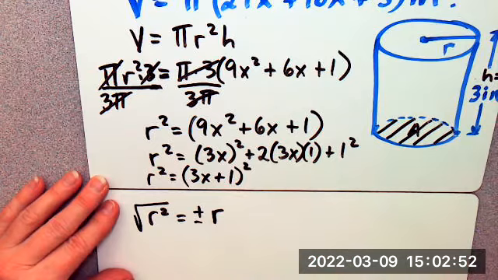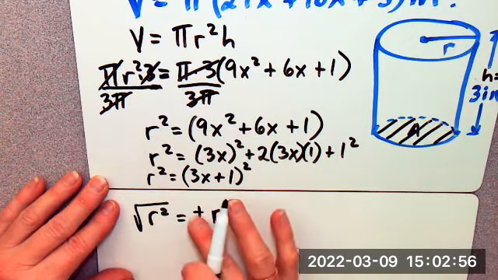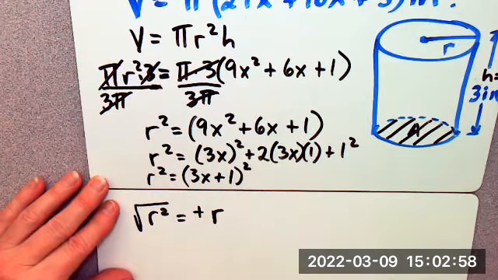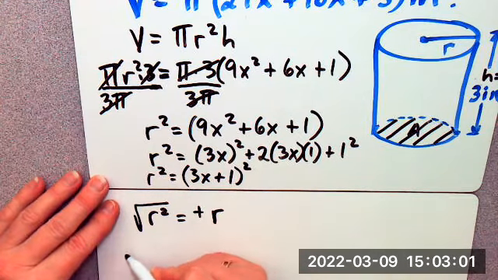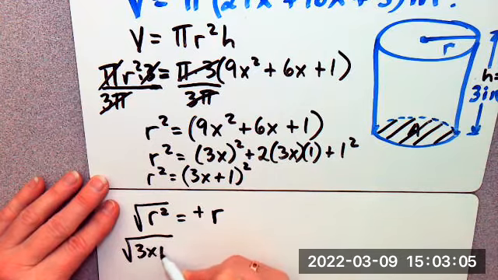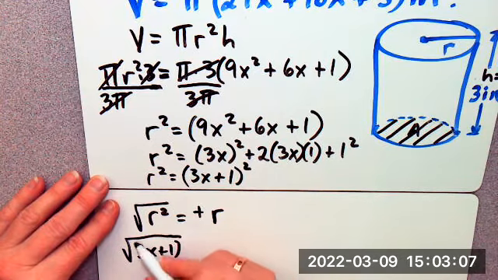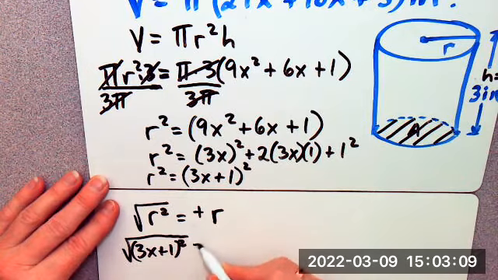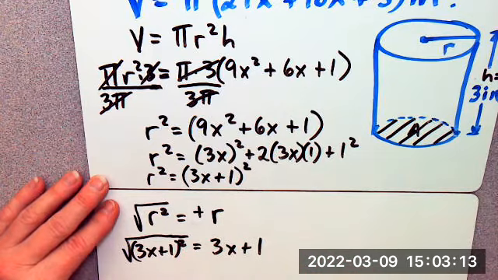But because a radius has to be a positive distance, we are only going to have a positive radius. So when we take the square root of (3x plus 1) squared, that just means we're going to get 3x plus 1.